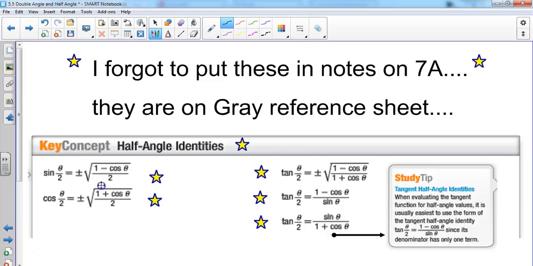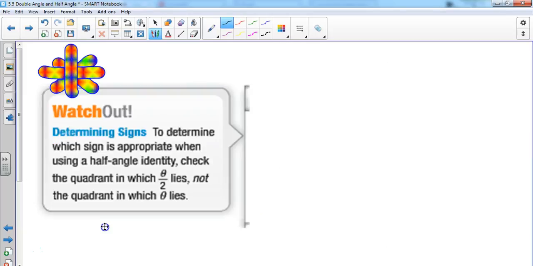That plus or minus is really important on those three. We will get to discussing that in just a minute. It says to determine the sign, whether it is the plus or the minus. It's only one, it's not both. You have to determine what quadrant theta over 2 would lie in.